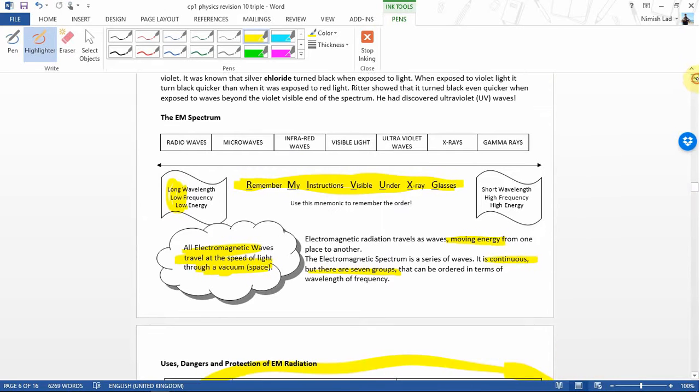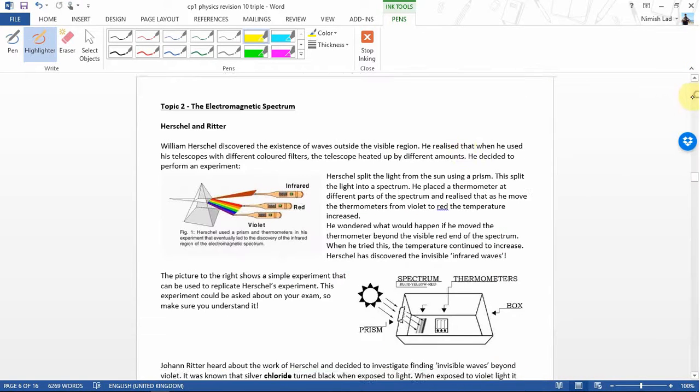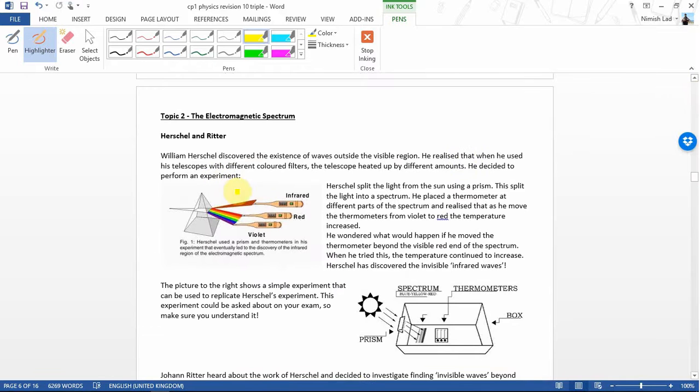The idea is all they did was they split light using a prism. So Herschel discovered infrared rays. What he actually did is he did an experiment. He essentially just plotted a graph, and on this side it was color, so it was violet, let's say orange over there, and red over here, and this side was temperature.